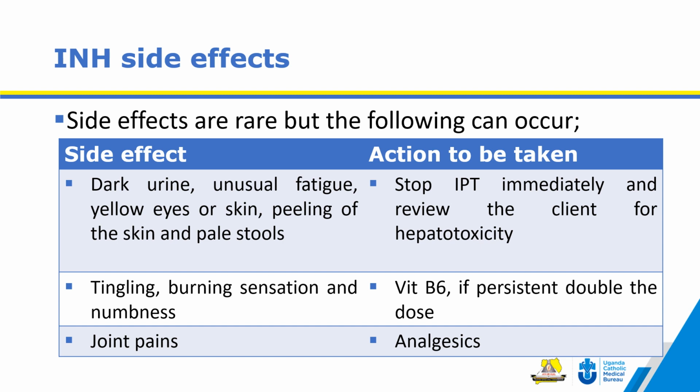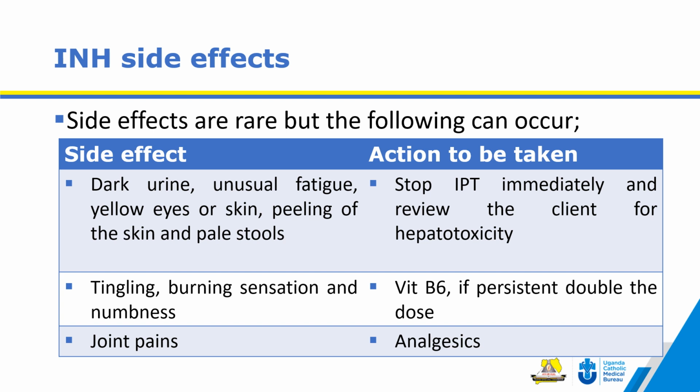What are the common side effects we have to look out for, and what should you do when they occur? They are rare, but sometimes happen. Clients can show signs of hepatotoxicity, like dark urine, unusual fatigue, yellowing of the eyes and skin, peeling of the skin, pale stools, itching.